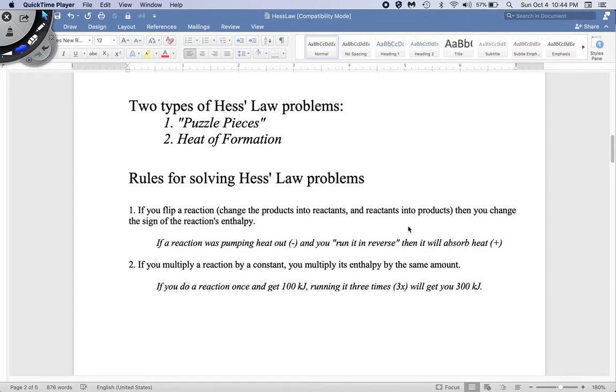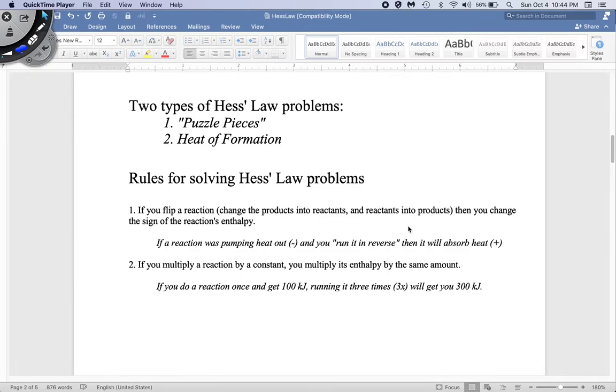And you decide that you actually want this reaction to run in reverse. Then when you play it backwards, instead of pumping heat out, it's going to absorb heat. And so it will go from being exothermic to endothermic. So if you switch the way a reaction runs, which you are allowed to do, you must also switch whether it is exo or endothermic.